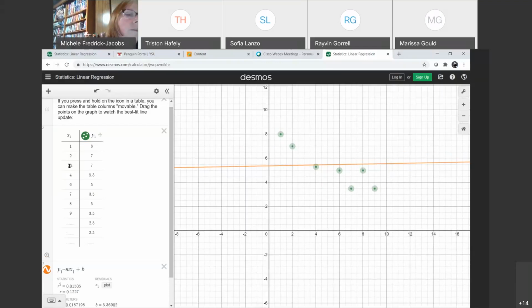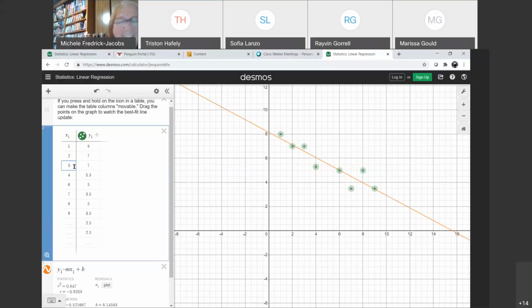Oh, the 3.5 is 35. They knew something had to be off. That looks better.